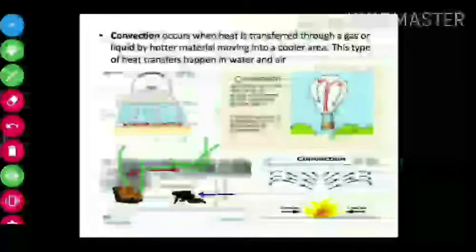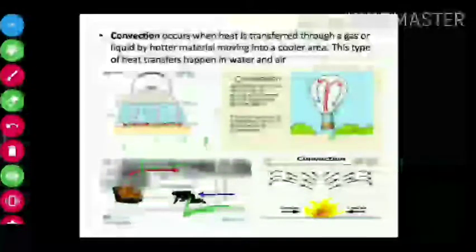When there is fire, people are advised to lie down on the floor, so that the poisonous smoke cannot enter inside your body or from your nose. Here the firefighter is moving down, so that the poisonous smoke cannot go inside the body, and poisonous smoke will always be up, because it is hotter and it will always move upside. So this is about convection.